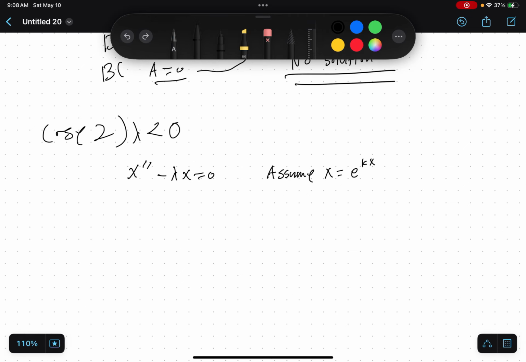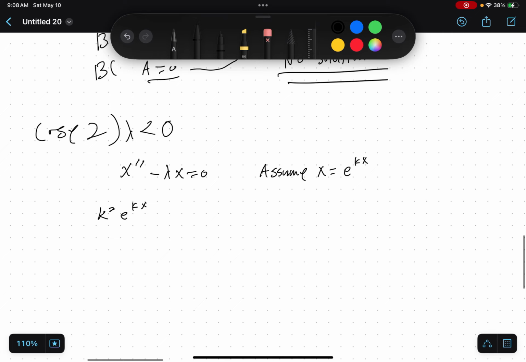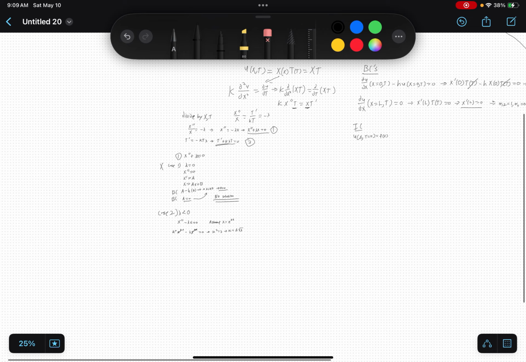Cool, so we plug this in, we get k squared e to the kx minus lambda e to the kx equals 0. So those two things cancel out. We get k squared equals lambda. Then k equals plus minus root lambda.